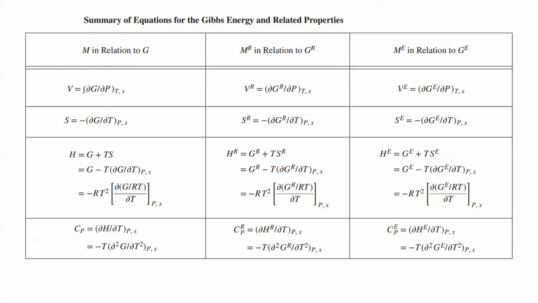So that's how we get a relation between G and V, G and S, and G and H. Now this is Cp, which can be said to be the specific heat constant, dou H by dou T at P comma X. So we derive this.